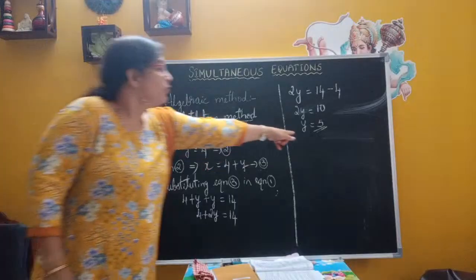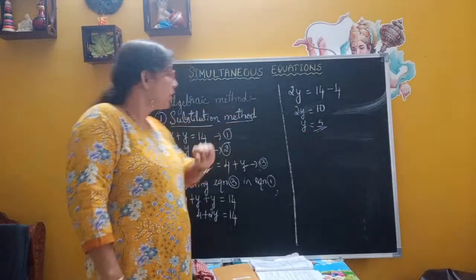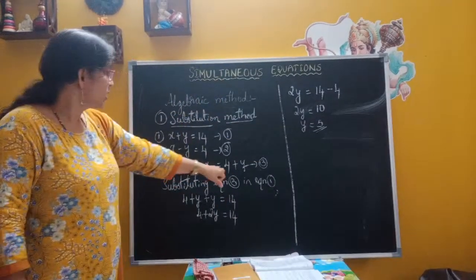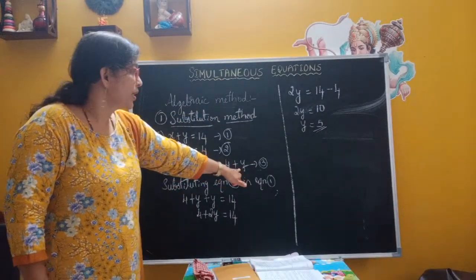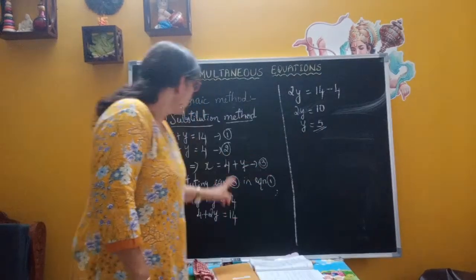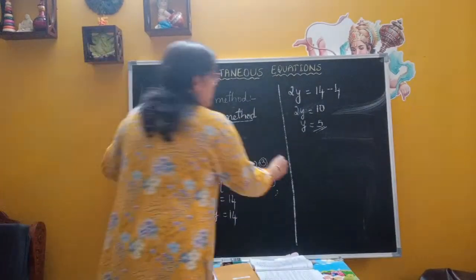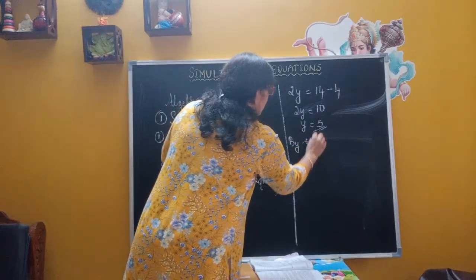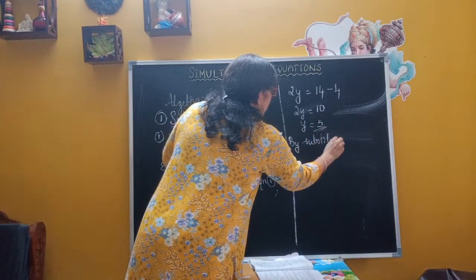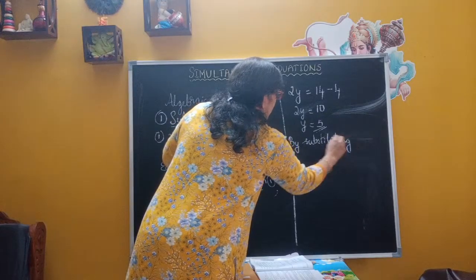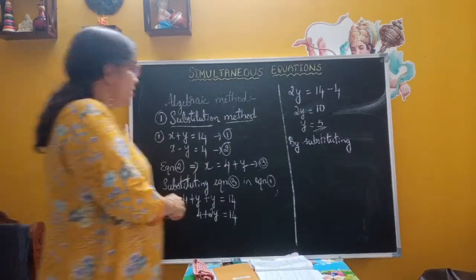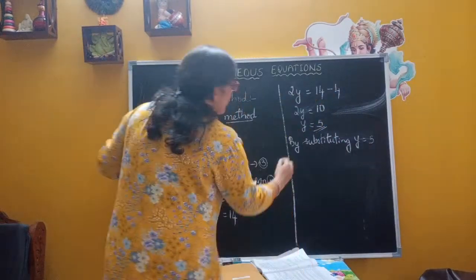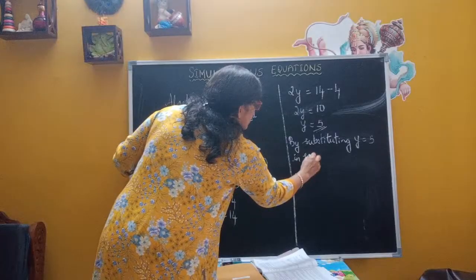So we have got one of the values, y is equal to 5. Now what to find? We need to find the value of x using this. Here in equation 3, we have x is equal to 4 plus y. Let us substitute y is equal to 5 in equation 3.